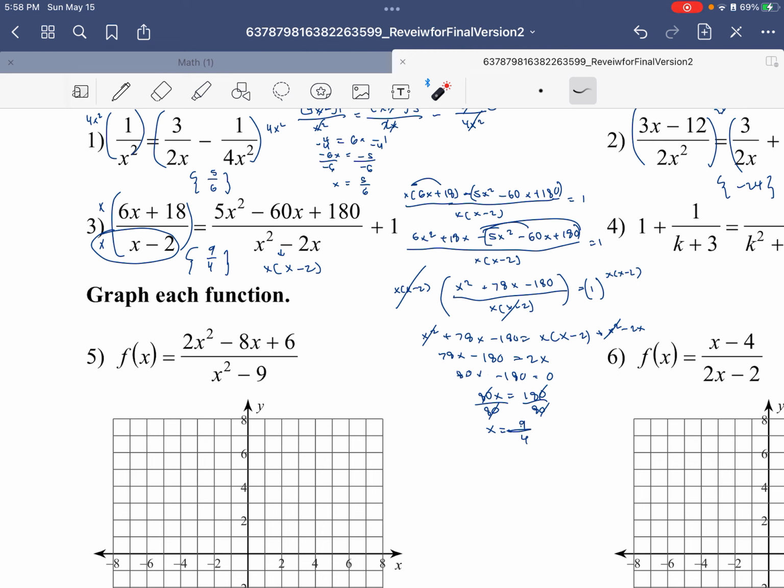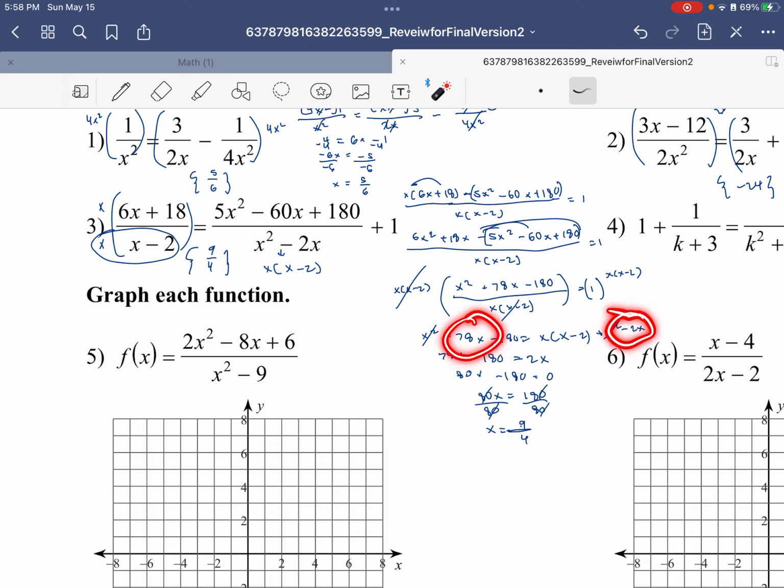Then we multiplied our denominator on both sides to get rid of it, and then we canceled out our x squared on both sides, and then we moved 2x to the left side, which made it positive 2x.